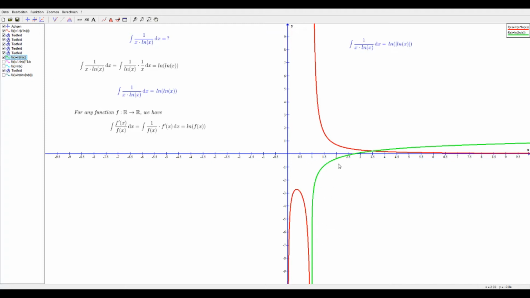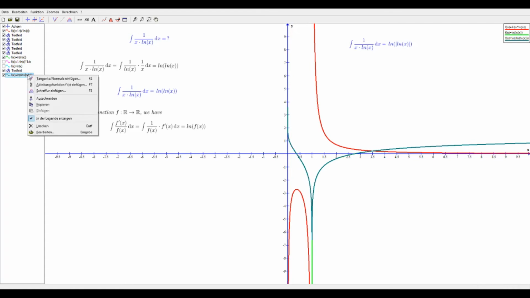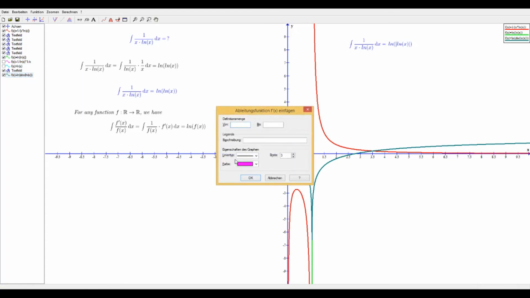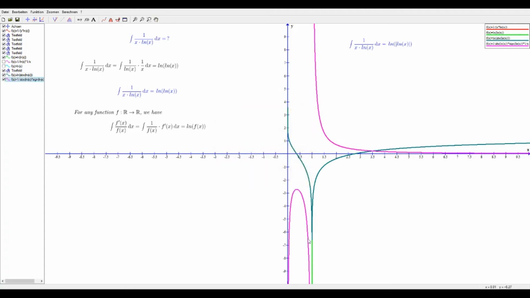So this green thing here is ln of ln x, and now let us look at the ln of the absolute value of ln x. And then we get this thing here. It's the same thing as before, but then we also get values for x less than 1. And if you take the derivative of this, then we do get 1 divided by x times ln of x, and now we get this little parabola thingy here too.